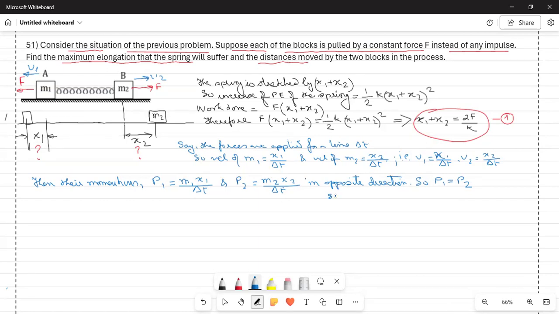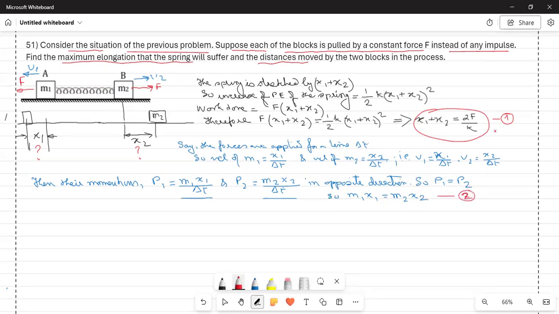Therefore, if P1 is equal to P2, with P1 being M1 X1 by del T and P2 being M2 X2 by del T, so M1 X1 will be equal to M2 X2. Say this is relation 2.